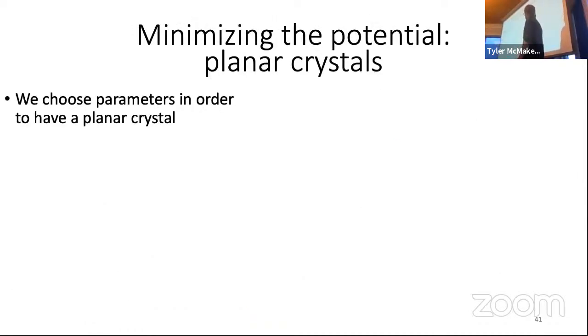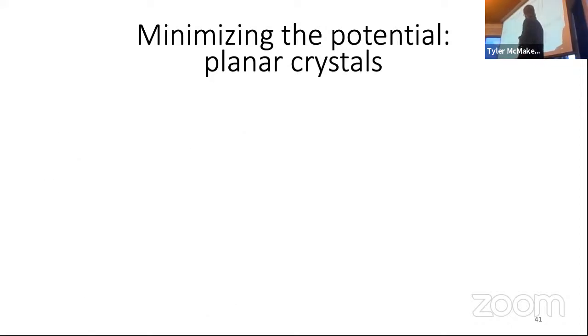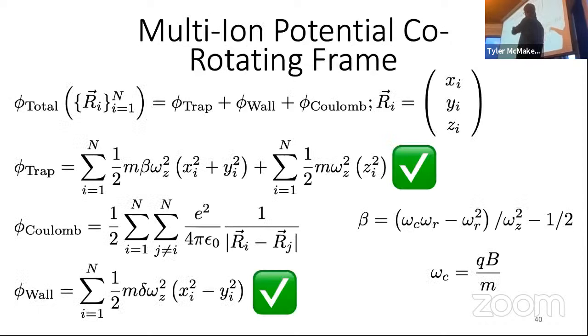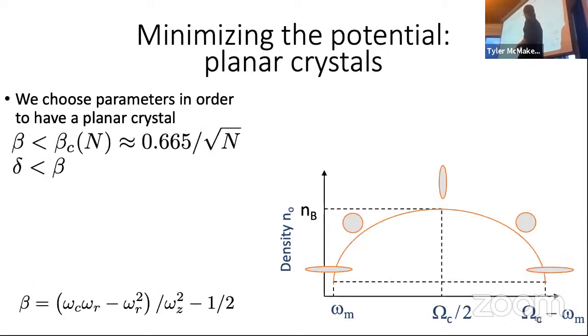So now we're just going to talk about these parameters. This rotation frequency changes this parameter beta, which if you remember, beta is related to this trapping potential. And it also changes the morphology of this crystal. So if I have a very low rotation frequency or a very small beta, then the radial confinement isn't that great, and this crystal will just kind of expand.